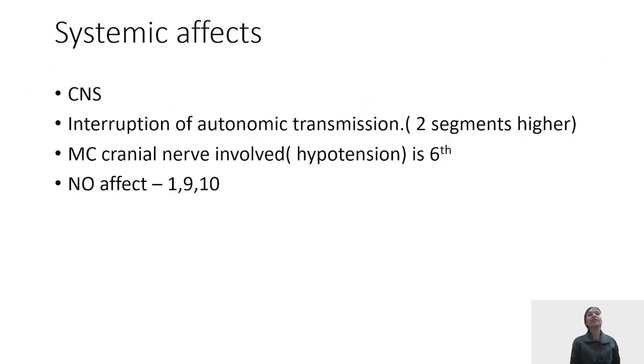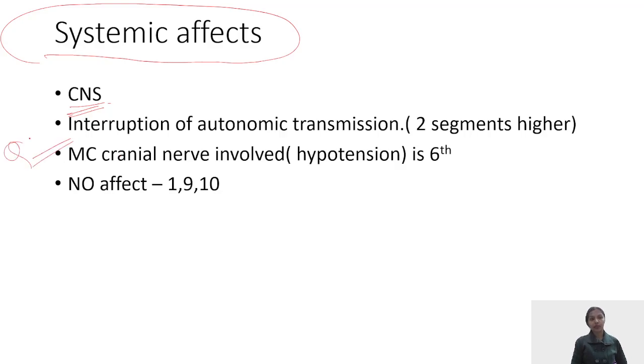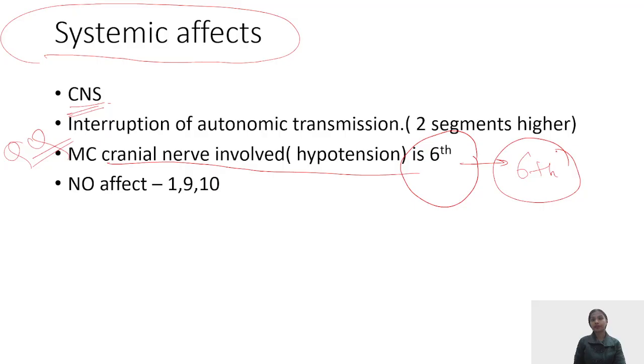Now coming over to the systemic effects of the spinal and the epidural anesthesia. When we talk about the central nervous system, I already told you about the autonomic transmissions, 2 segments higher, motor 2 segments lower than the sensory. The most common question asked: the most common cranial nerve involved is the sixth cranial nerve. We'll talk about the high spinal and the total spinal. So the most common cranial nerve involved because of the hypotension induced by spinal is your sixth cranial nerve.